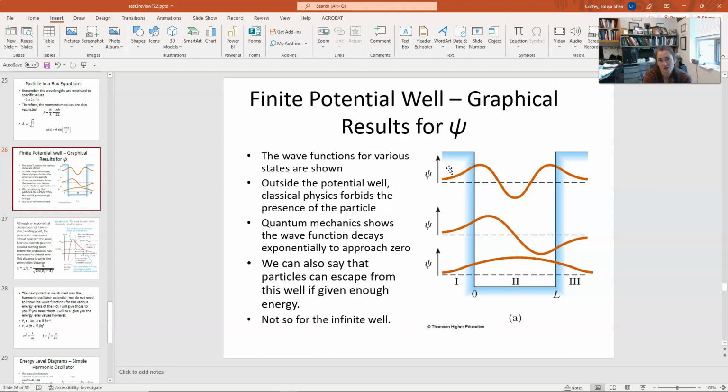U0 is greater than K. What that would mean is that if it penetrated into the wall of the well, it would have a negative kinetic energy for a second. That's not going to happen. What actually happens is that energy conservation is violated for the amount of time allowed by the uncertainty principle. Delta E delta T is greater than or equal to h bar over 2. So energy conservation is violated for just a little tiny bit of time, okay? So we're violating it, but not for long, okay? Sorry, classical.